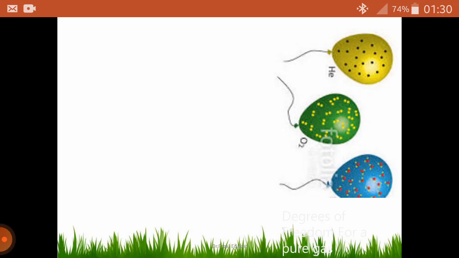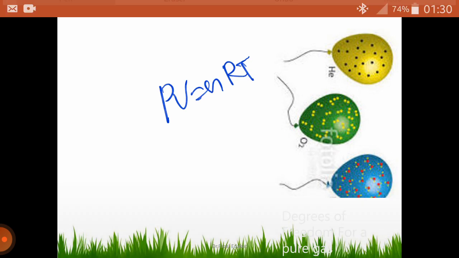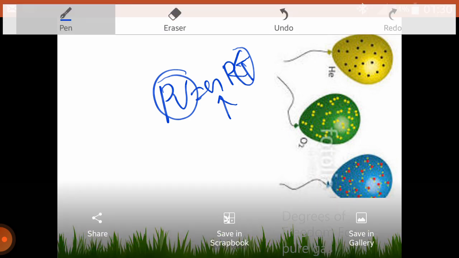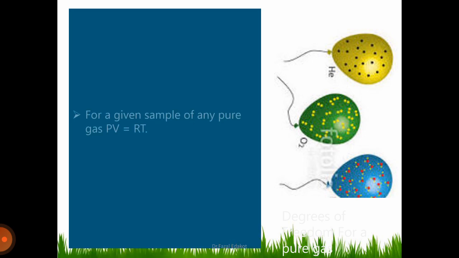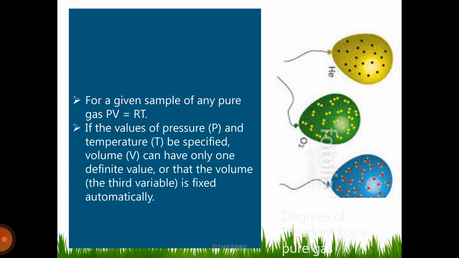And you already know the equation, that is PV is equal to nRT. So this equation says that if you know three variables, you can understand the other one. For a given sample of any pure gas, PV is equal to RT.